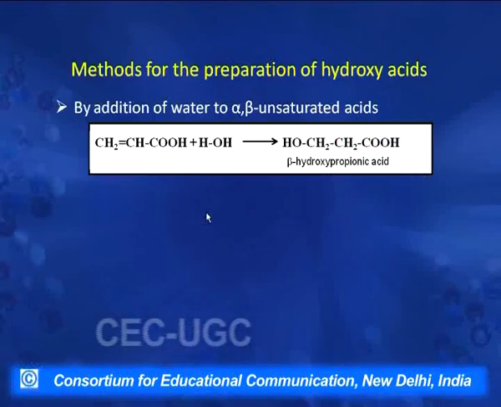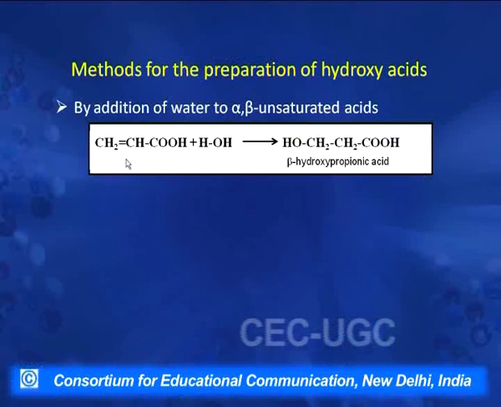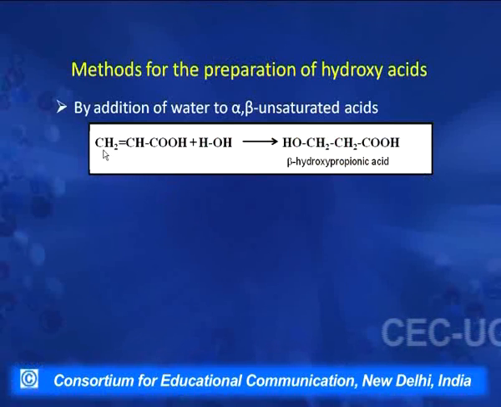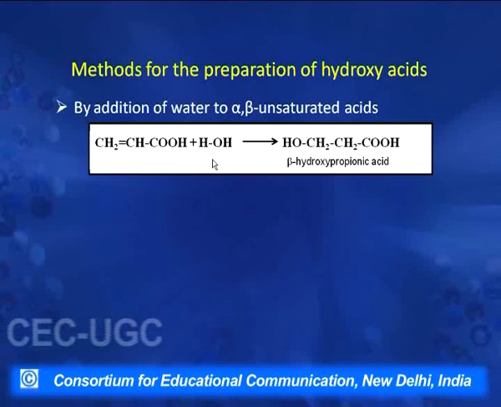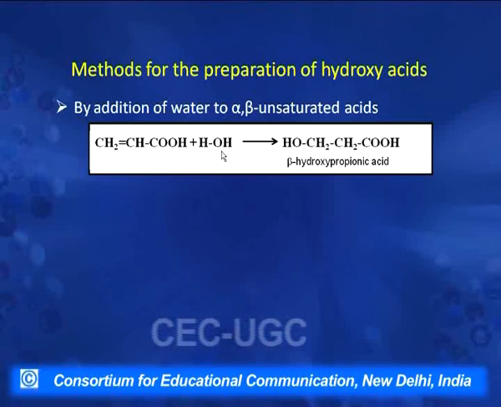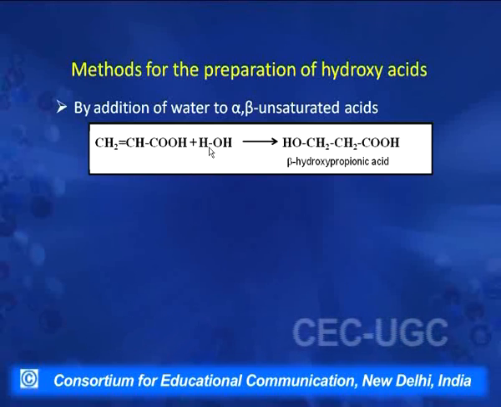Then we can get these beta hydroxy acids by the addition of water to alpha beta unsaturated acids also, and this addition is the same electrophilic addition that I discussed before for the addition of HBr, and here also this negative part OH is going at the beta position.